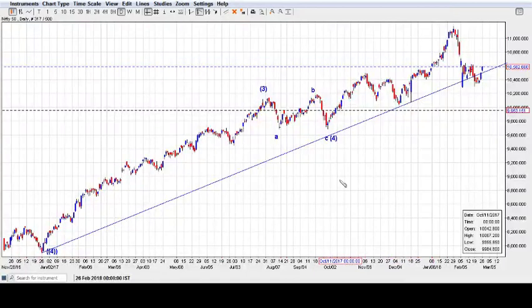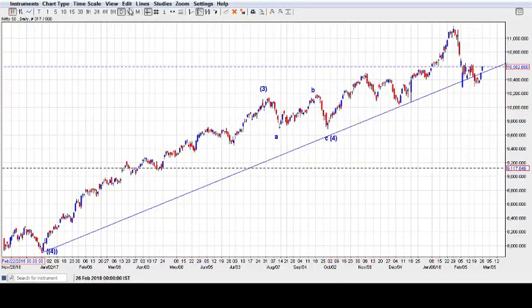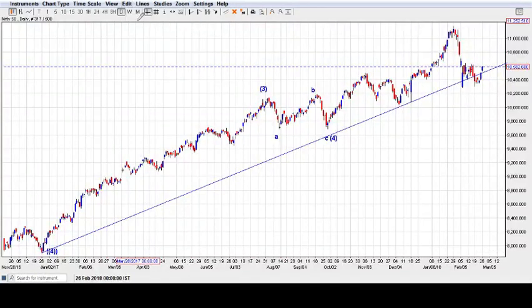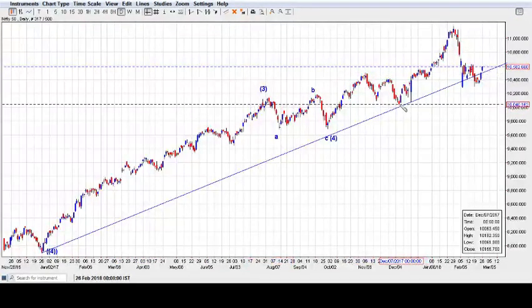Alright, so prices are right now testing a support line, and it's into the buy zone already. Point number 2, if we look at the major price support, it's around the 10,040 mark.